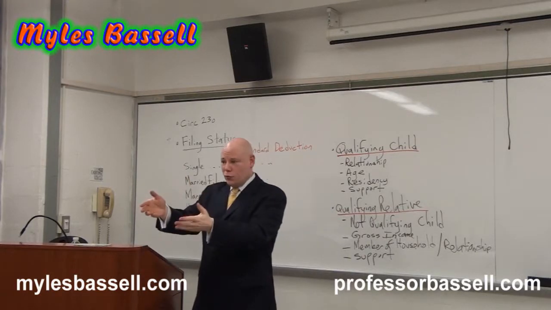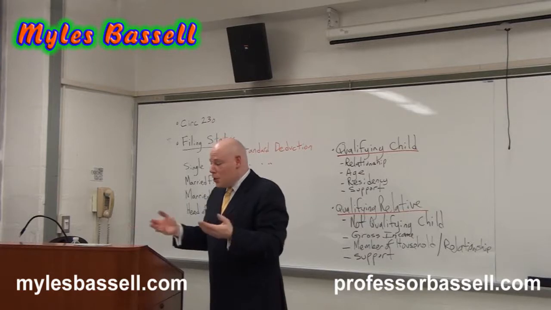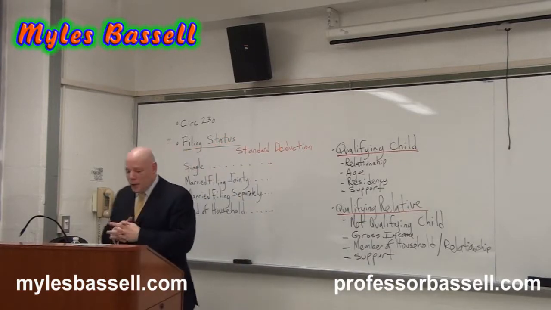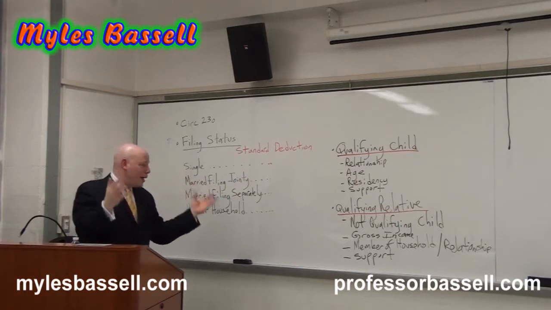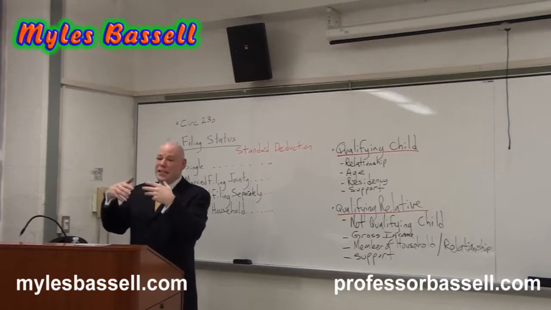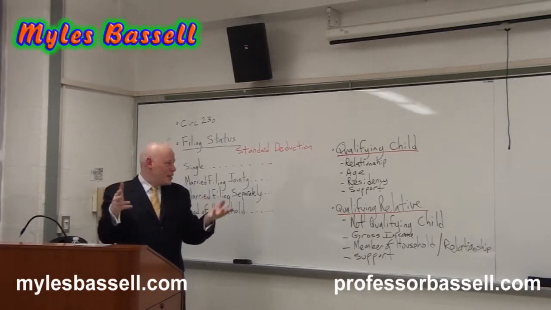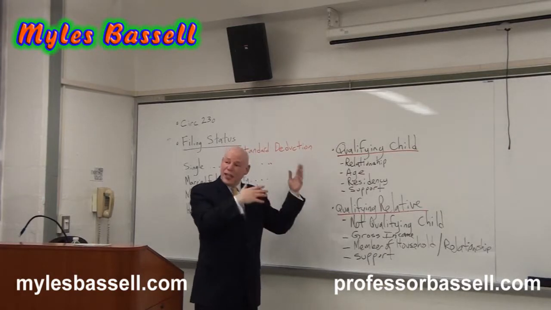Or Elam? Come on, Elam, I need to reduce my taxable income. So we're going to talk about whether the individual is a qualifying child or a qualifying relative, and what the other criteria are, which we refer to as tests. So we're talking about the relationship test, the age test.